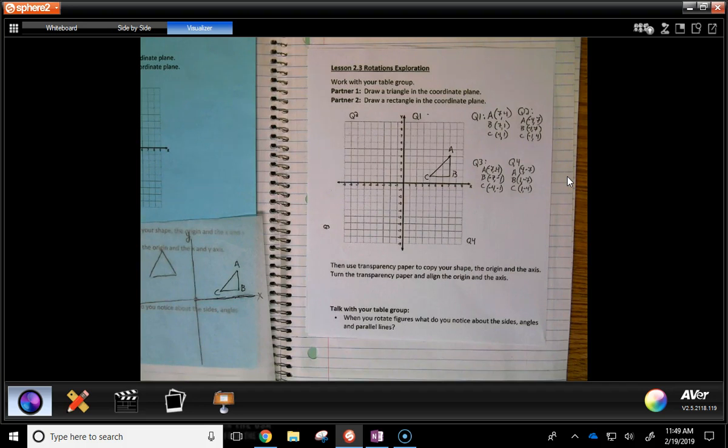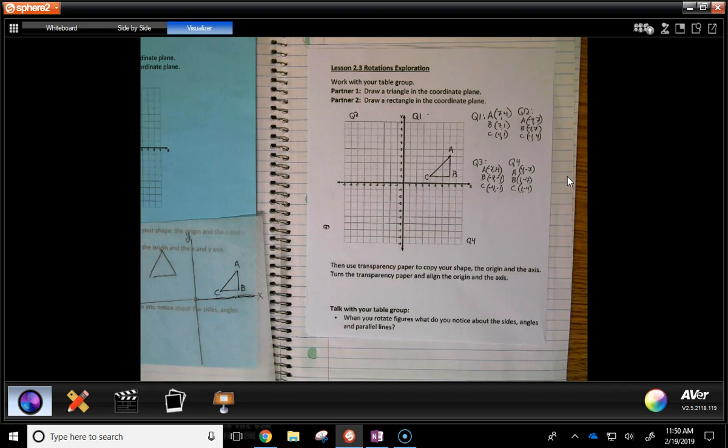If we do one turn at 90 degrees, you are going to see that our X and our Y coordinates end up switching.